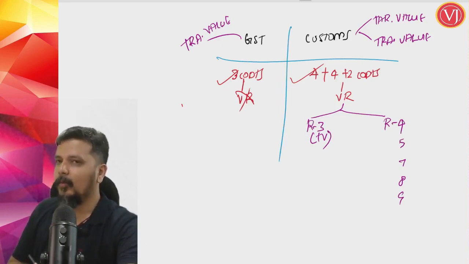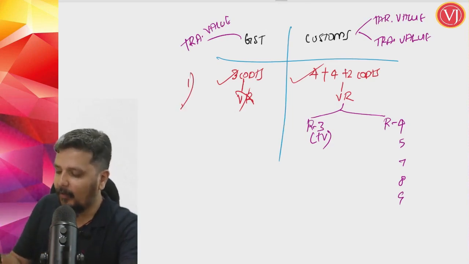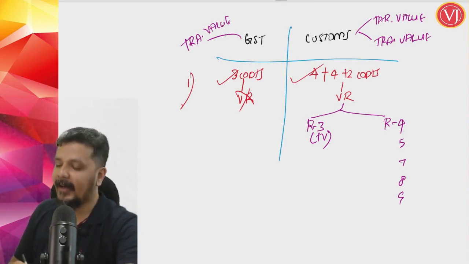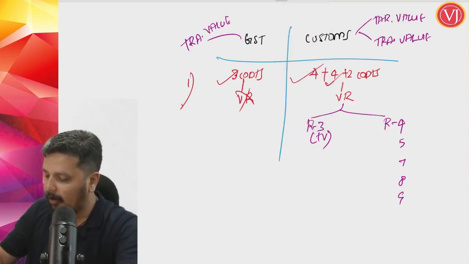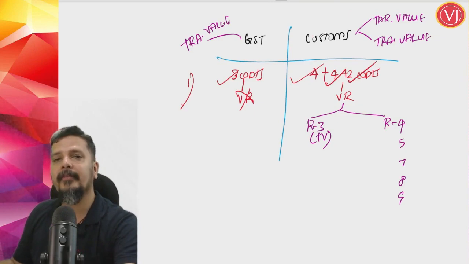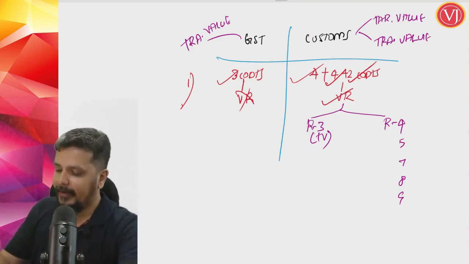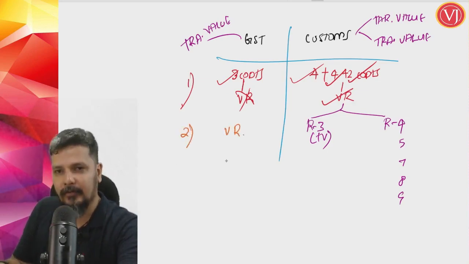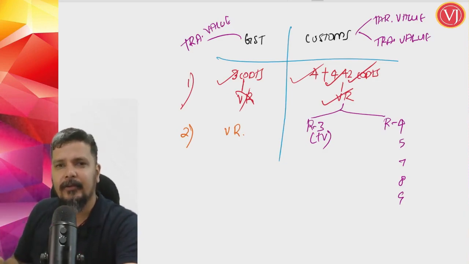So a clear-cut difference is seen that in GST, if all the conditions are satisfied, there is no need to see valuation rules. Whereas in customs, even if you satisfy all the 10 conditions, 4 plus 2, still you are required to see valuation rules. In GST, if at all the conditions are not satisfied, obviously you have to see the valuation rules.